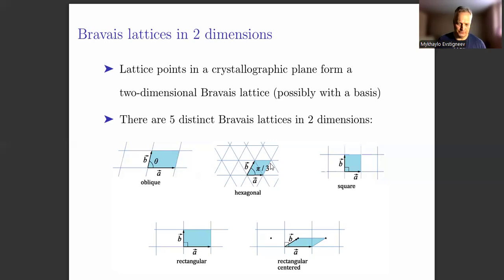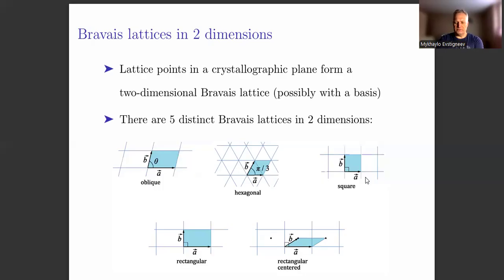a hexagon. Then we have the square lattice, which is the most symmetric one of all. The angle between the two translation vectors is 90 degrees, and the lengths of the vectors A and B are the same.